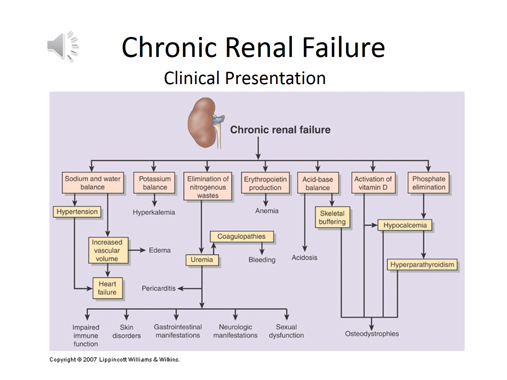All right, so to summarize the clinical presentation of chronic renal failure, I added this diagram, which comes from a different textbook. If you know this diagram, you'll understand chronic renal failure very well. So let's start on the left and highlight the clinical signs. Number one, we have sodium and water imbalance.